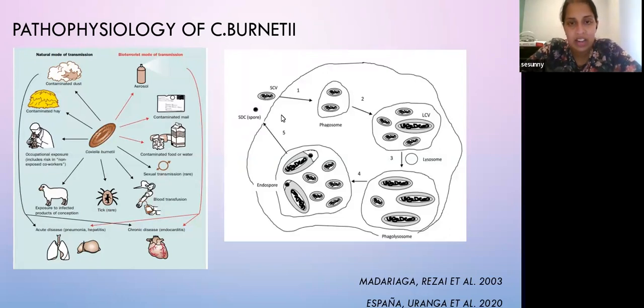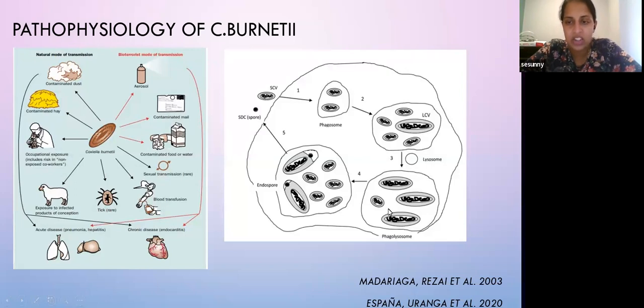It binds then to the host cell via ankyrin or spectrin binding proteins, and then is taken up by the cell. The target cell here is usually the macrophage, and because it's inhaled, the specific macrophage that is affected the most is the alveolar macrophage. So it's engulfed into the cell, it forms a phagosome. From there, it joins with the lysosome to form a phagolysosome.